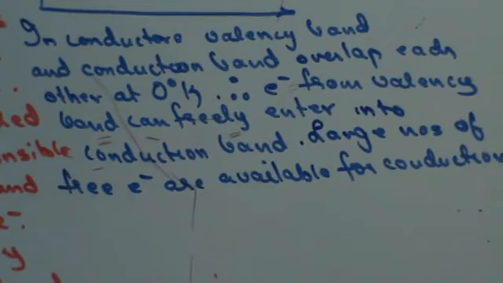Now, due to this, a slight potential difference across conductors causes these free electrons to constitute electric current. Okay?